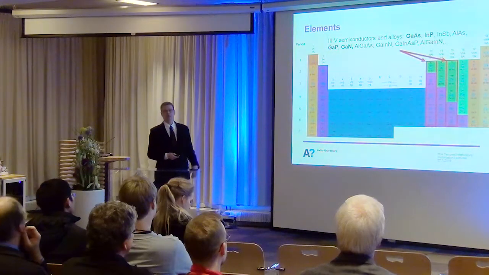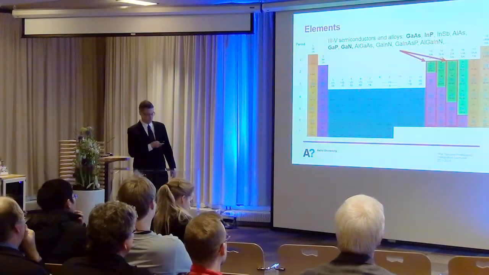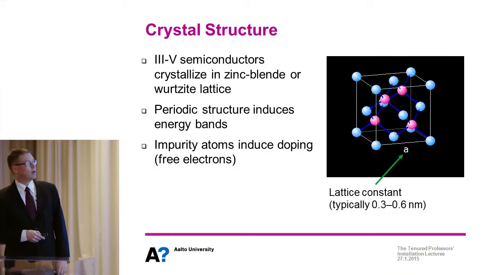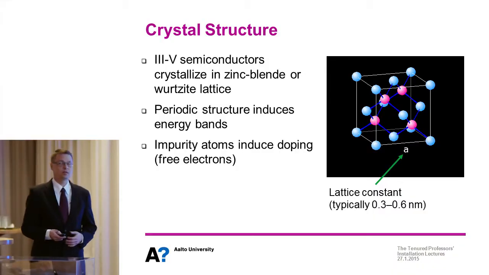There are a lot of different compounds that you can form from these chemical elements, and you can also alloy them. So you can mix these binary compounds into more complicated materials. These materials typically crystallize in the zinc blende or wurtzite lattice.